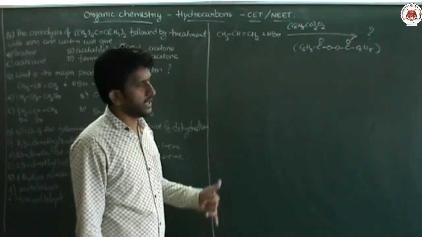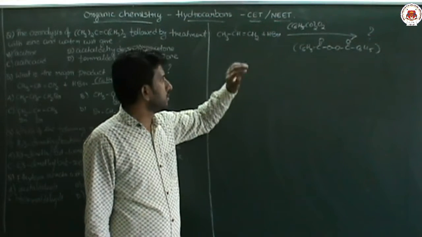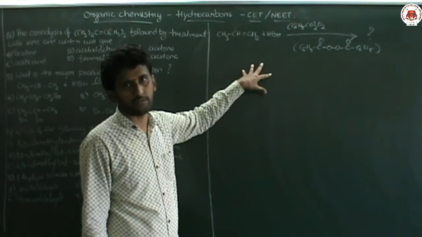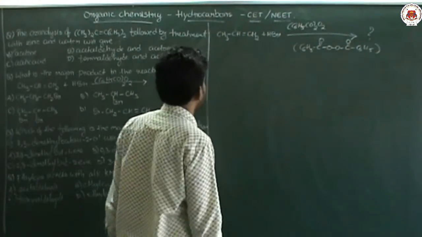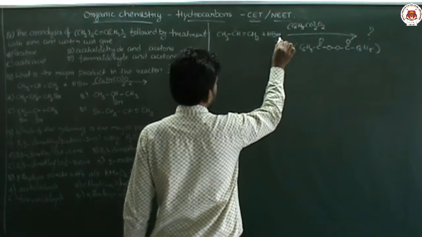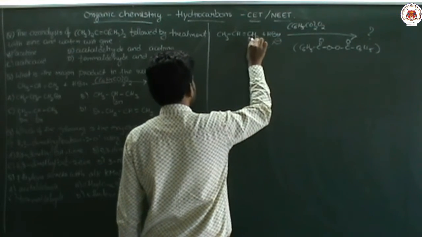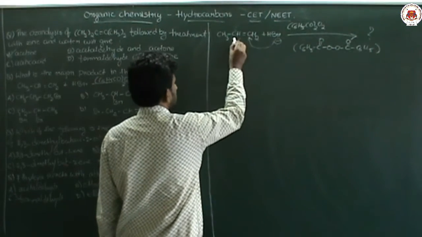Okay? Why does this happen in presence of peroxide? What is the anti-Markovnikov rule? According to the anti-Markovnikov rule, the negative part of the reagent attaches to the sp2 carbon that contains more number of hydrogen atoms.